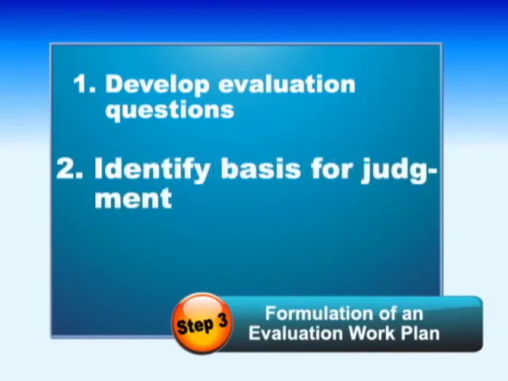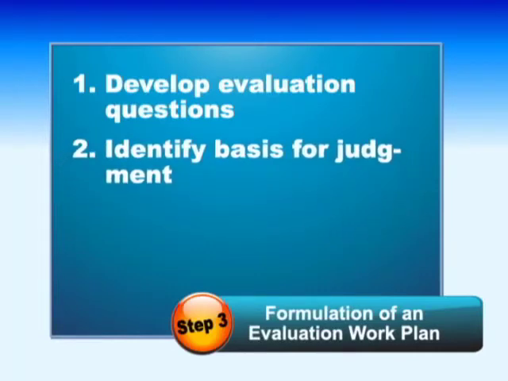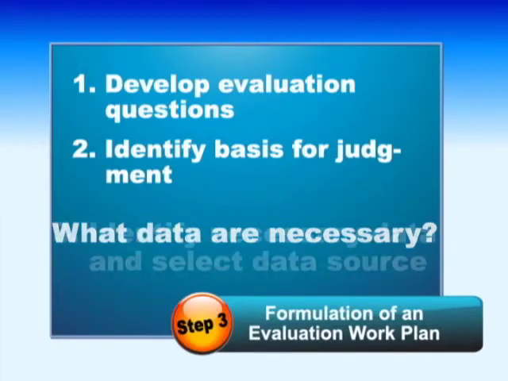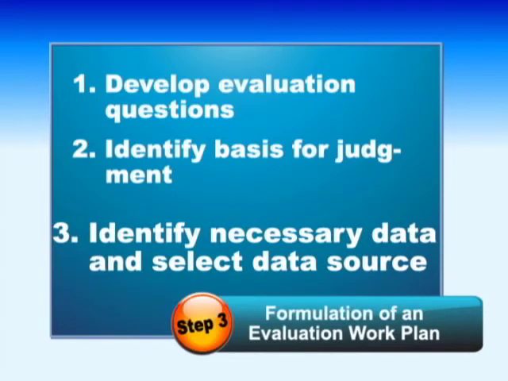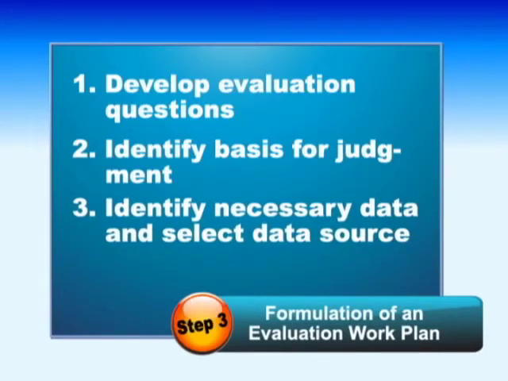Then, consider and set criteria for judging achievement level of the expected value. 3. Then, consider and determine what data are necessary for evaluation and what their information sources are. Once determined, select a collection method for the data, for example, by questionnaire forms or by interviews, etc.